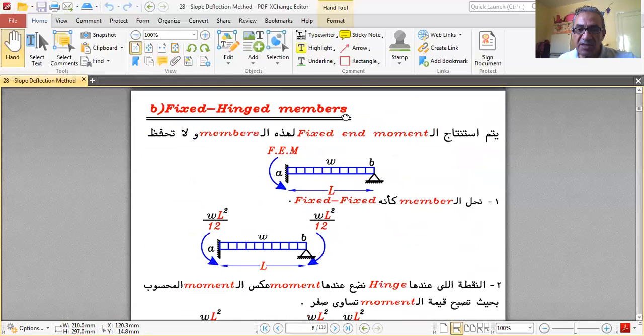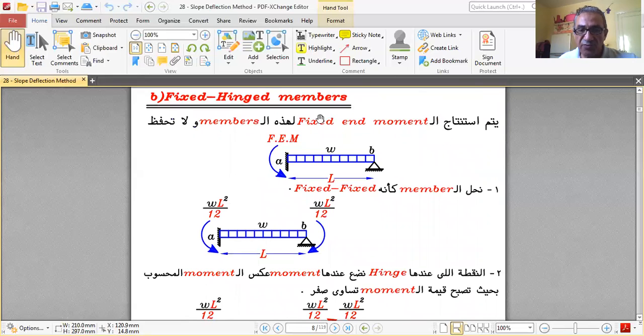What about fixed hinged members? What about if we have fixed and hinged members? We deduce or get the values of fixed end moments for fixed hinges.